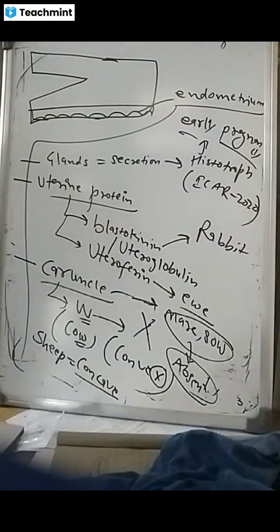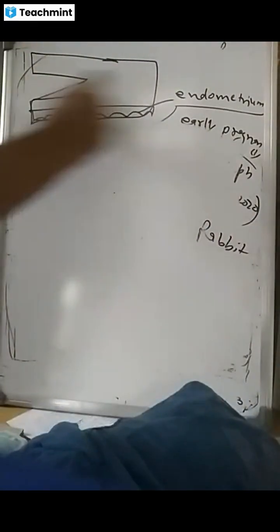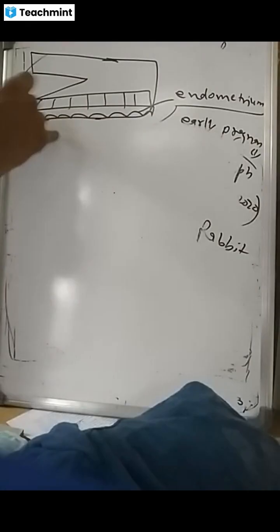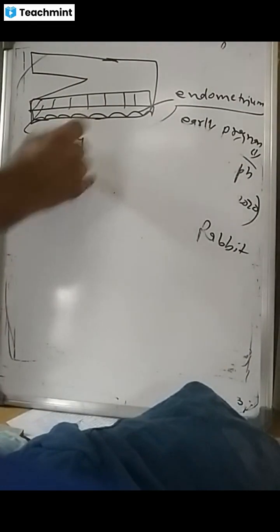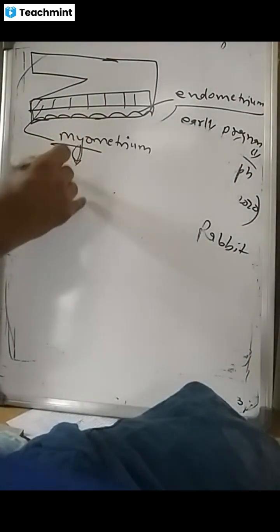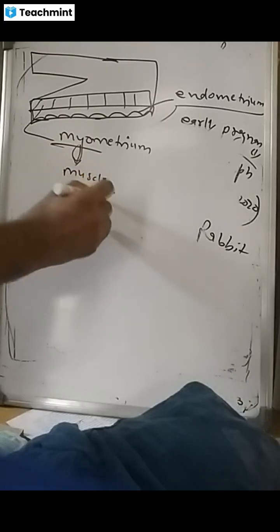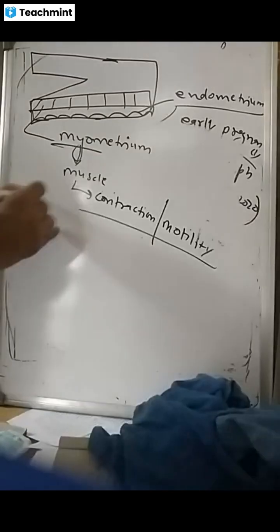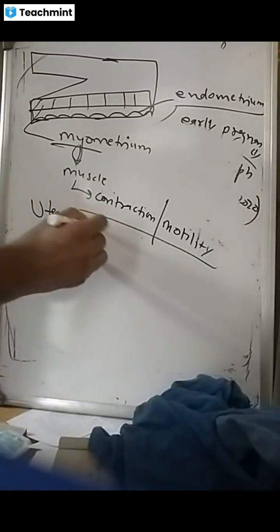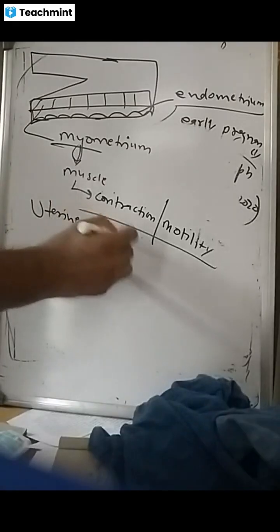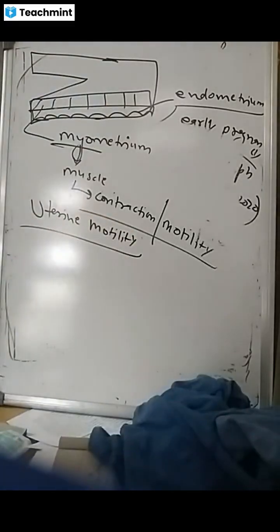Then the myometrium. Myo means uterine muscles, that is contraction.